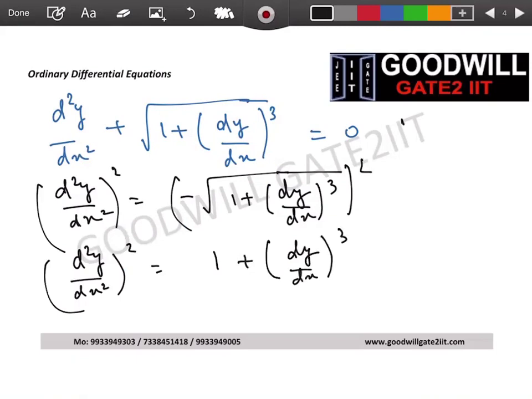Now, can anybody please tell me what will be the order of this differential equation and what will be the degree of this differential equation? You can write it in the chat box, please.